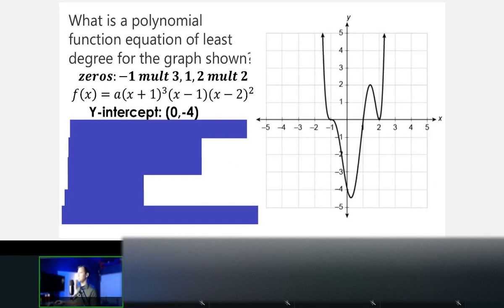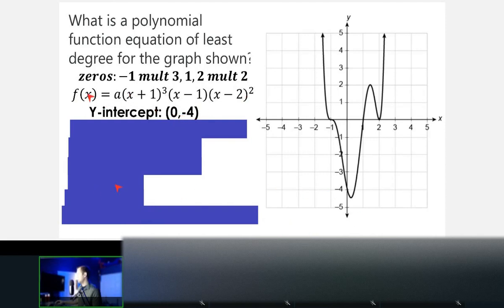So 0, -4. Anybody have an idea of how we can use the y-intercept to find what a is? Yeah, we just plug it in, right? We plug in 0 for all the x values, and then -4 for the y value.